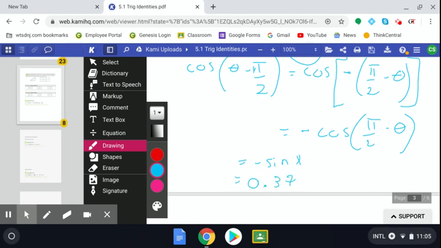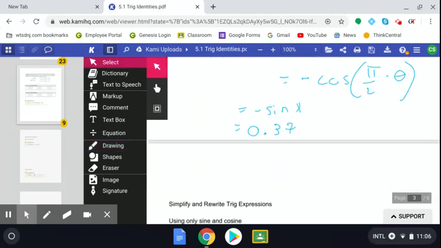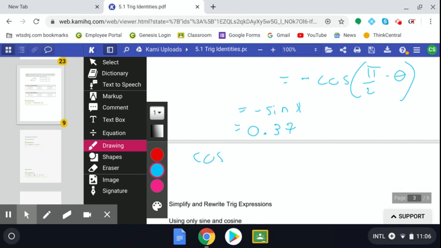But now remember, cosine of negative theta is equal to cosine theta because it's an even identity. So I can say that cosine of negative theta, or x, doesn't matter, is equal to cosine theta. So I should say that my answer should be equal to negative 0.37.